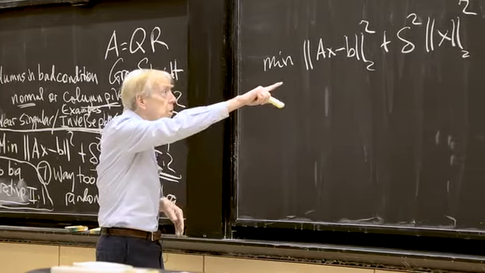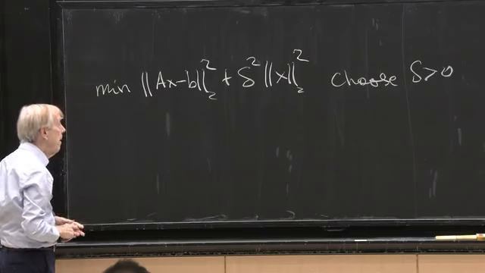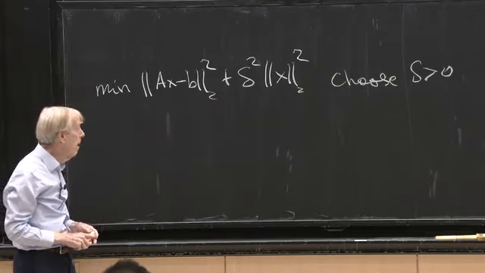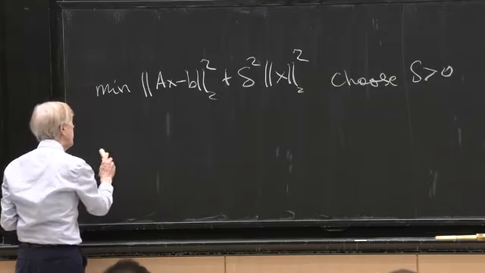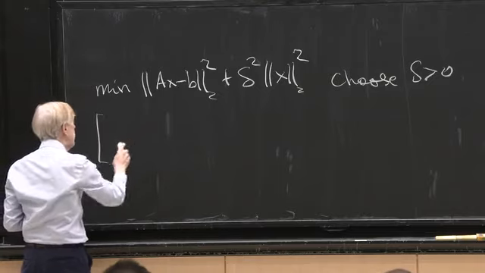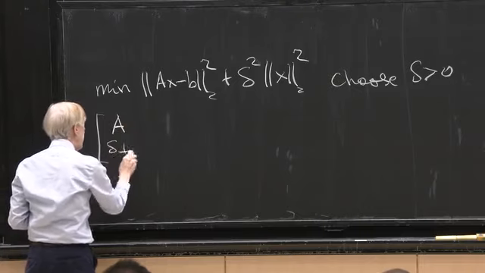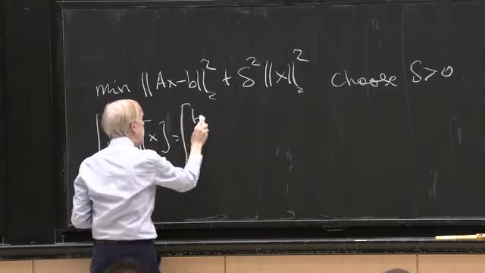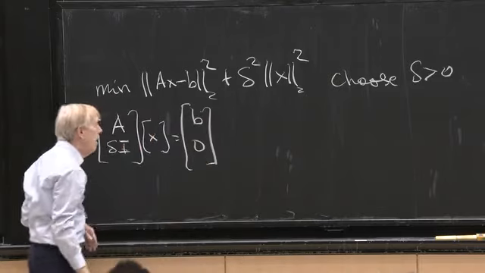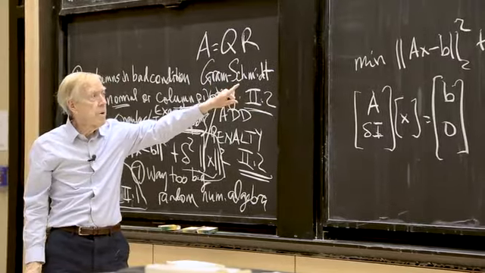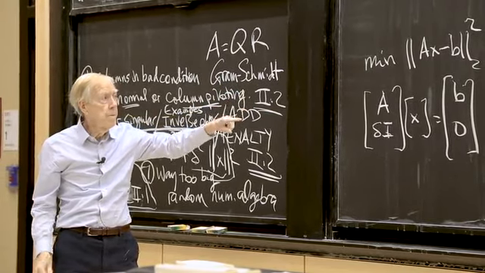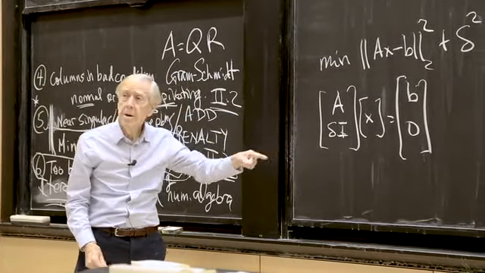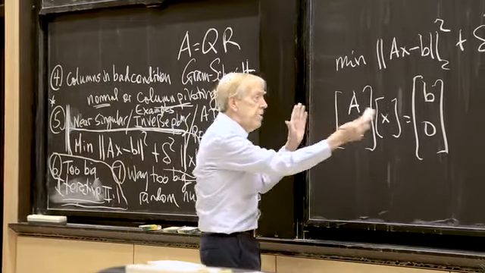In fact, what equation does that lead to? That's a least squares problem with an extra penalty term. If I write the equations [A; delta I] x equals [b; 0], maybe that is the least squares equation, the usual normal equation, for this augmented system. What's the error here?